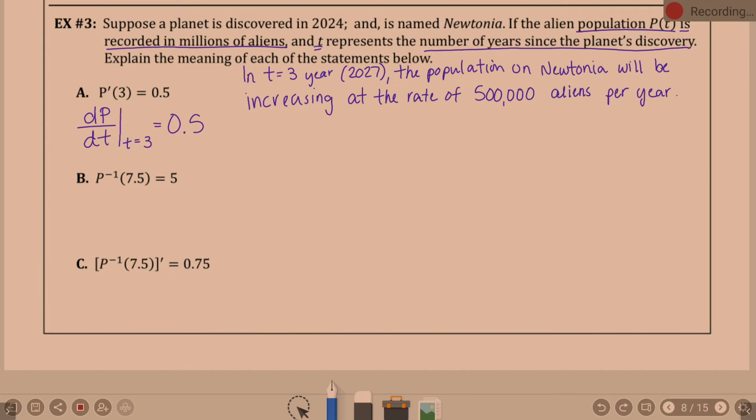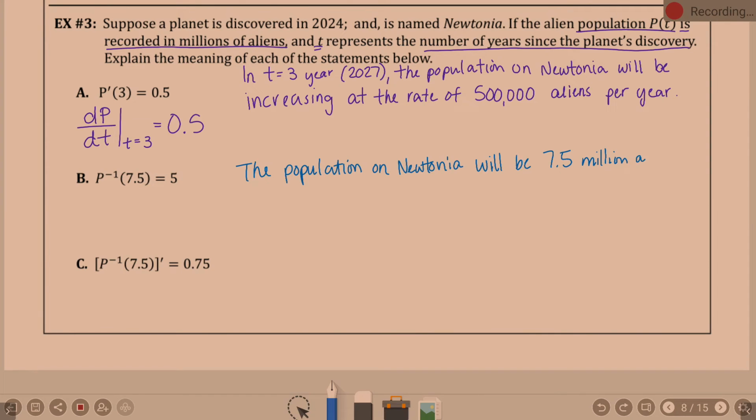Okay. So, the population on Newtonia will be 7.5 million aliens.